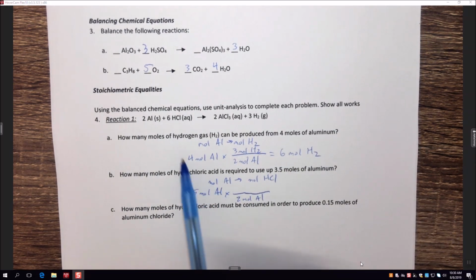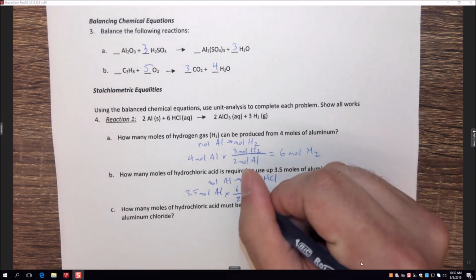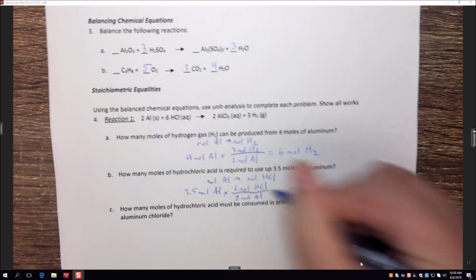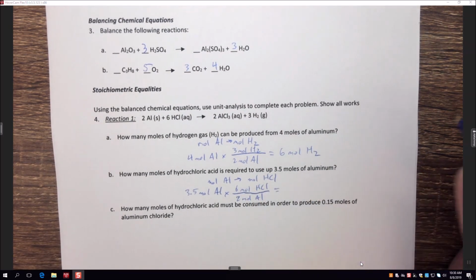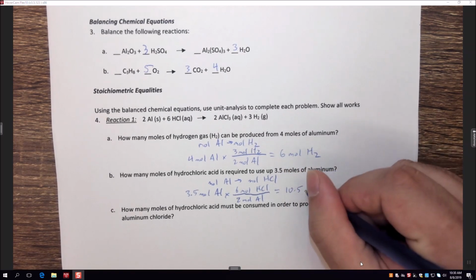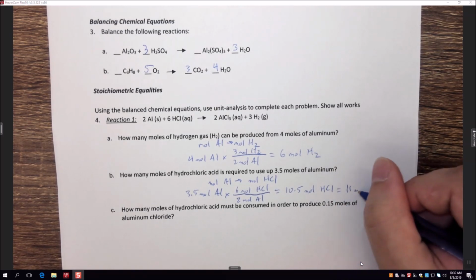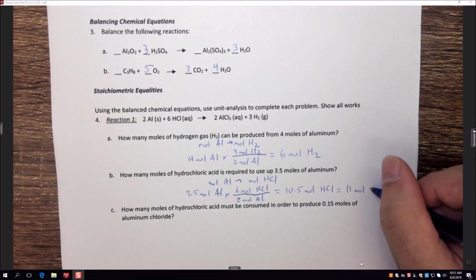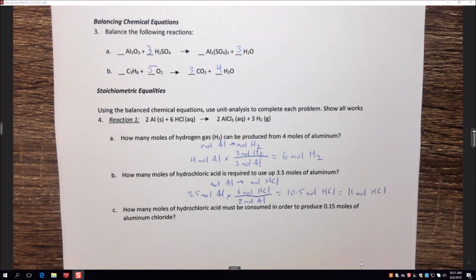For HCl, we have a 6 in front of it, so that means that we have 6 moles of HCl. So we multiply by the top and we divide by the bottom, and we get 10.5 moles of HCl, which we need to round to 11 moles of HCl due to sig figs. Because we started with 2 sig figs and we're doing multiplication and division, so we end with 2 sig figs.